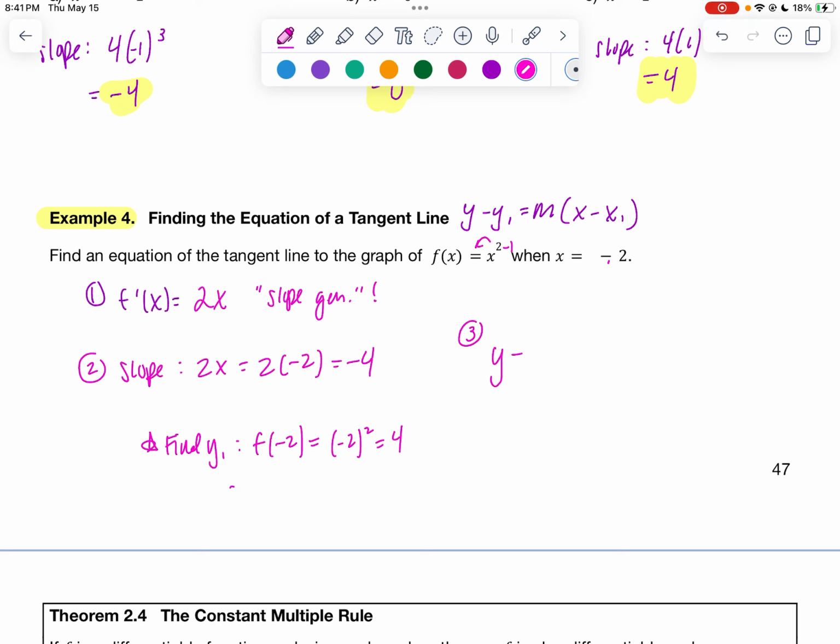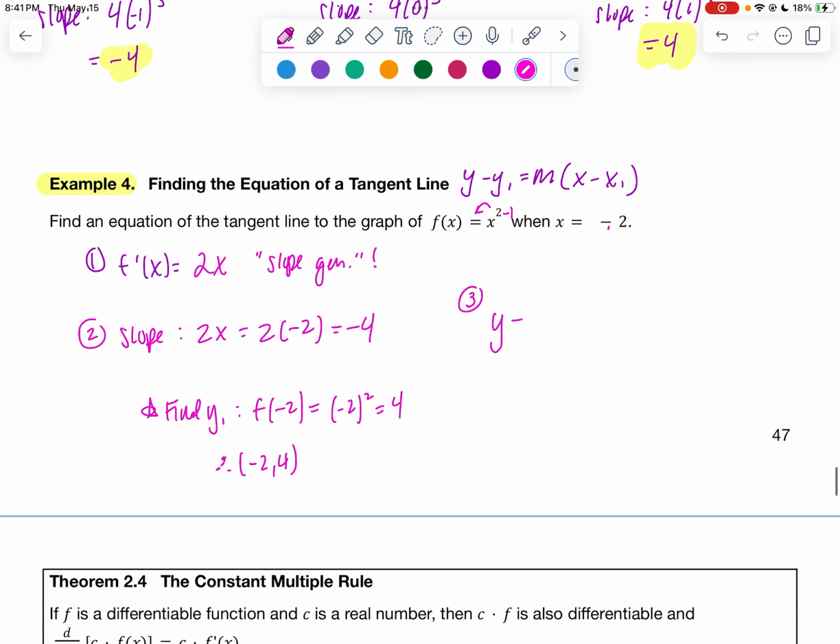So my point is negative 2 comma 4. So I get y minus 4 is equal to my slope, which is negative 4, times the quantity x minus x1. There I have a double negative, so I can keep going. y minus 4 is equal to negative 4 times x plus 2. And that is the equation of the tangent line. And we could just leave it like that.